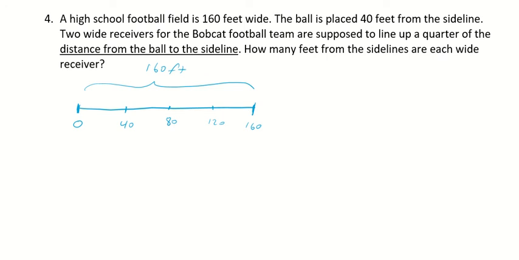So here's the ball at 40 feet from the sideline. 2 wide receivers for the Bobcat football team are supposed to line up 1/4 of the distance from the ball to the sideline. So this distance is 40 units, 40 feet.